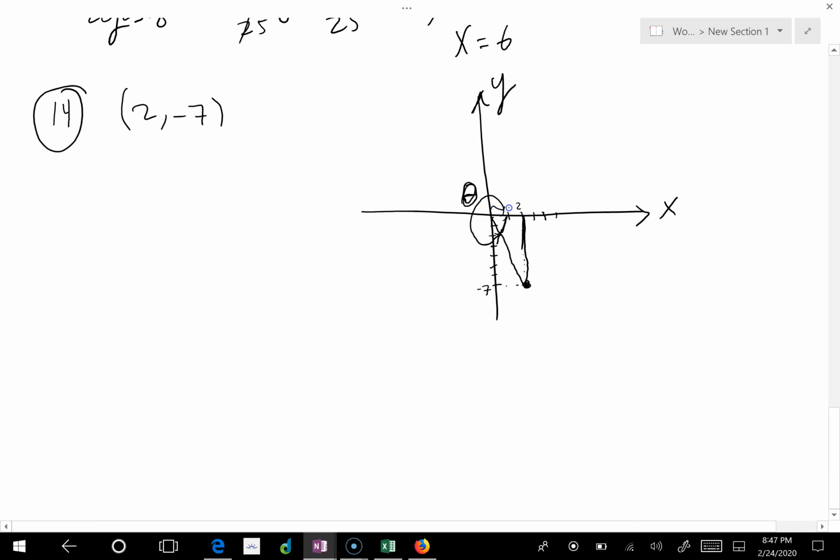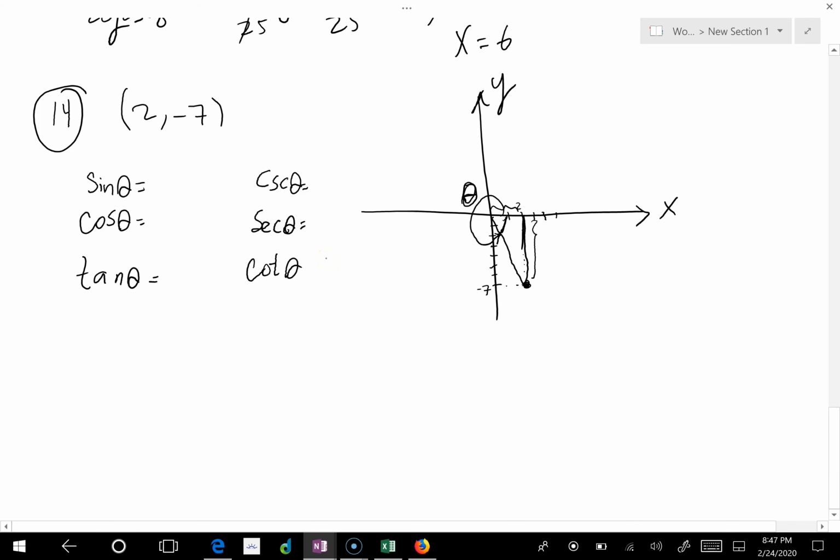So here is the value of the x and this one is the value of the y. In order to find 6 trigonometric functions, you're going to have sine theta, cosine theta, tan theta, and then the others, cosecant theta, secant theta, and cotan theta.